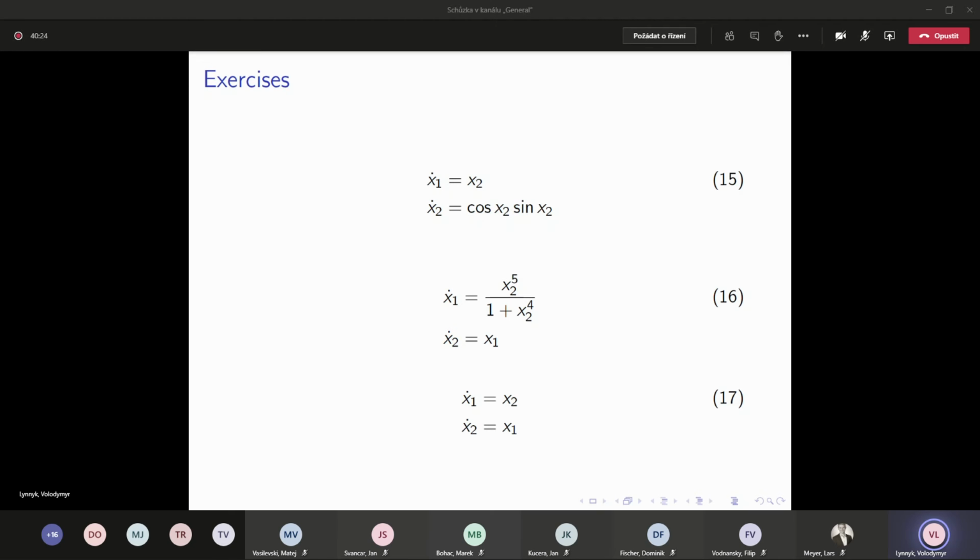You need to check if these systems are locally or globally Lipschitz, and if the solution is defined for all t greater or equal to 0, meaning whether the system can escape to infinity in finite time or not.